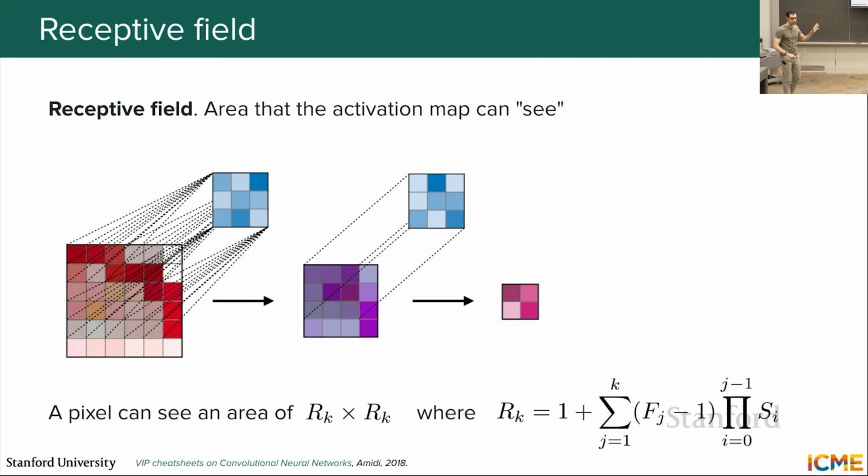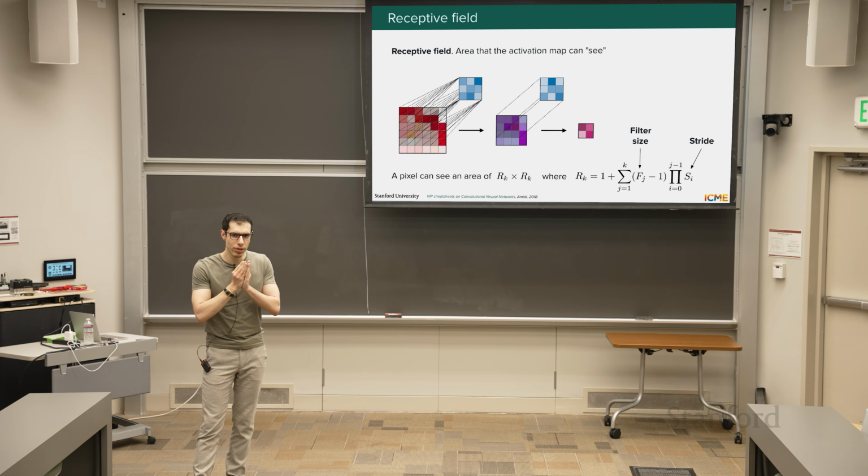There are some formulas there that I don't want us to just remember, but I just want to call out that the area that an element can see is a function of the filter dimension and the stride. And if you want the output to have seen all the input, you can imagine that you need a lot of convolutions.